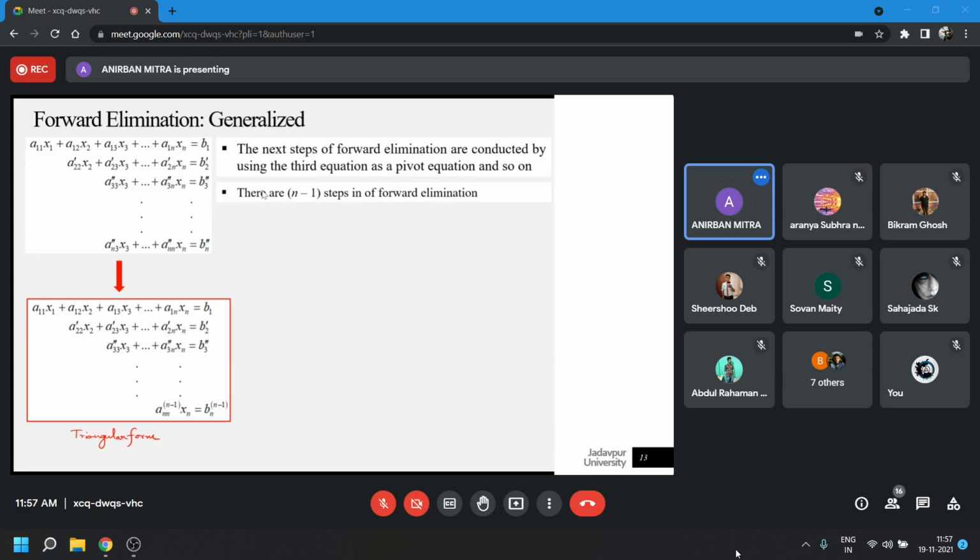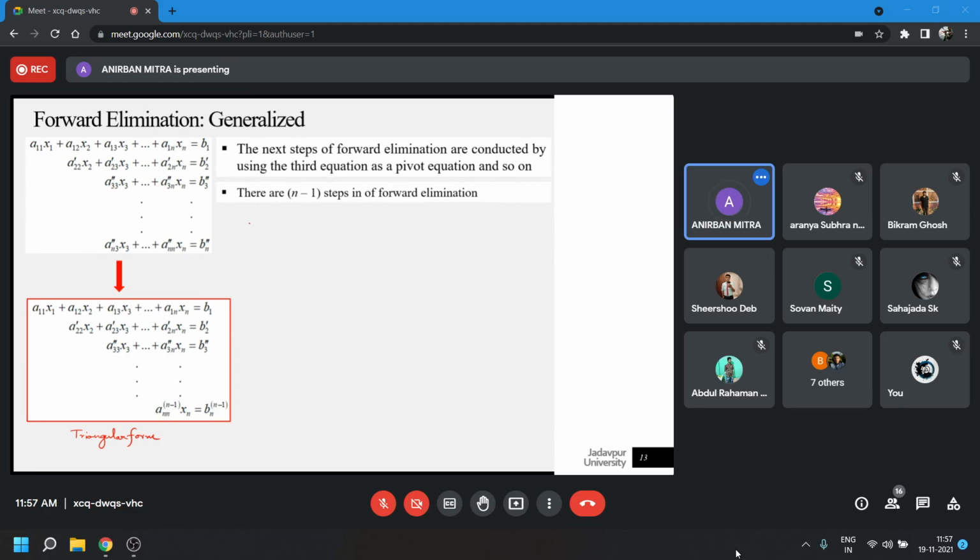Let us now continue with the steps that are left for this Gaussian elimination technique. By the way, here we have to consider the program implementation as well. So if you are asked to do an algorithm for this forward elimination step, how would you approach it?